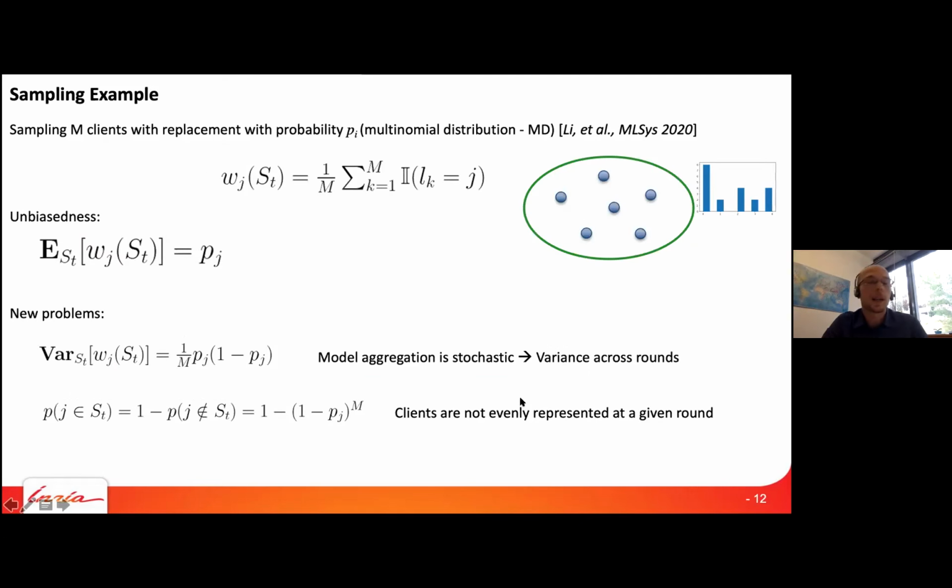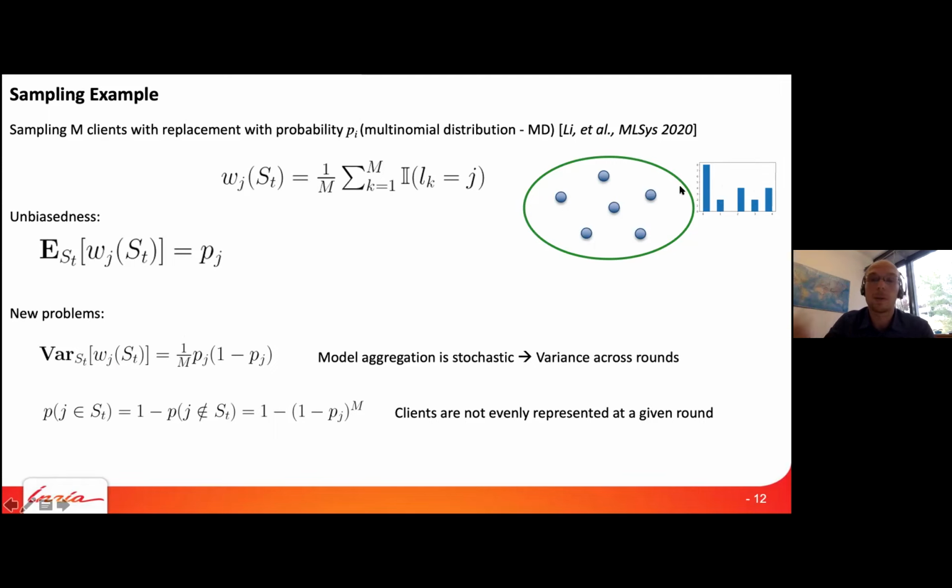And the basic idea comes from, again, the paper of FedProx, which is another approach that they propose in that work, which is, let's assume, for example, in this case, we have 5 clients with their own weights, for example, the number of data points. So we can imagine this to be probabilities attached to a multinomial distribution. That gives us the probability of sampling a specific client based on this sort of histogram.